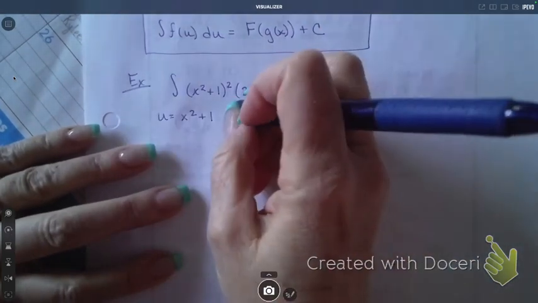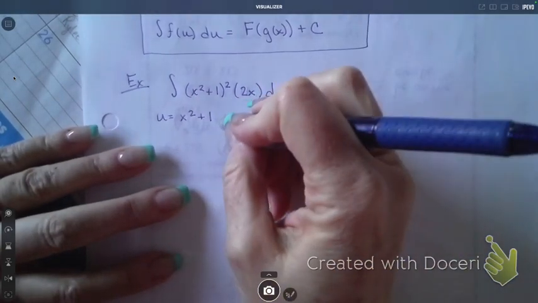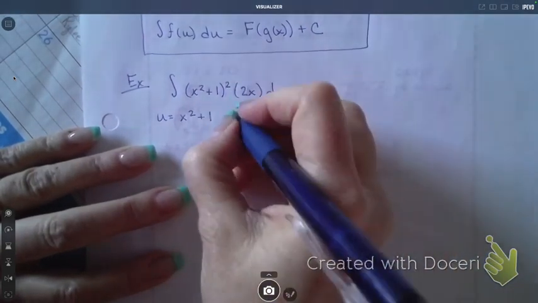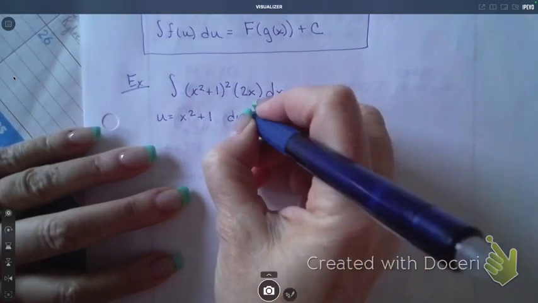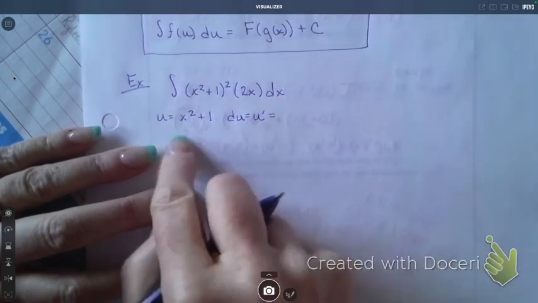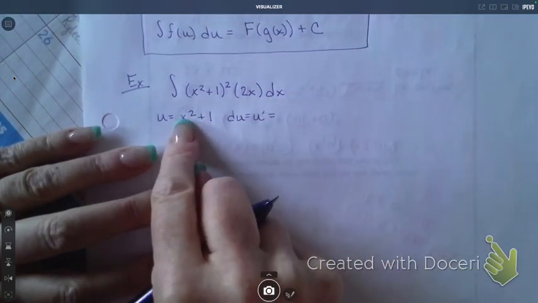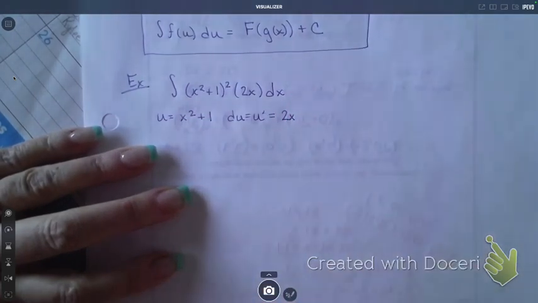Sorry, u prime is the same as du. Or, if you guys want, I'm going to write du. So du is the same as u prime, which is 2x. Following what's going on? Okay.